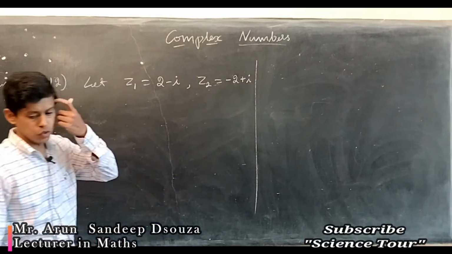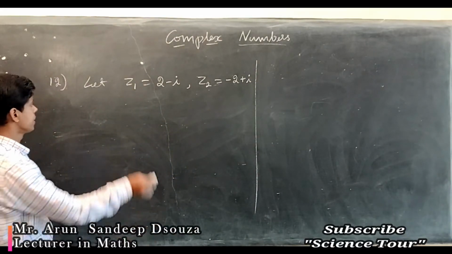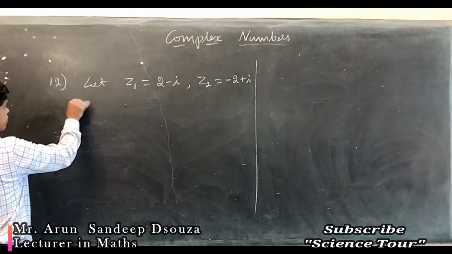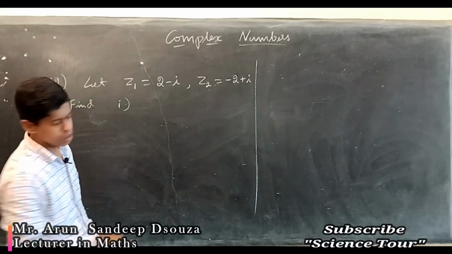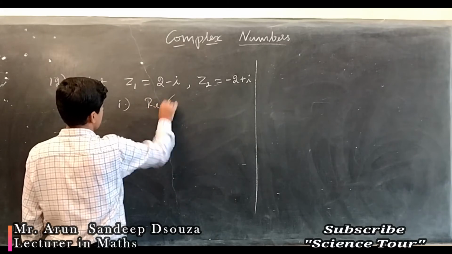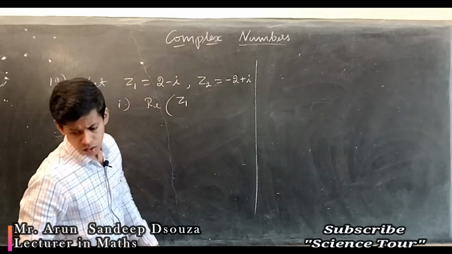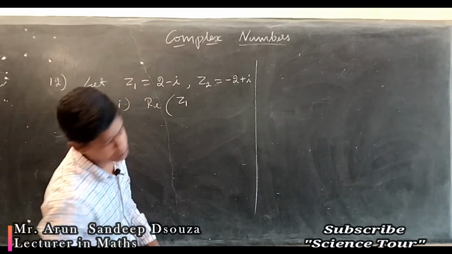Find first the real part of z1 z2 divided by z1 bar.